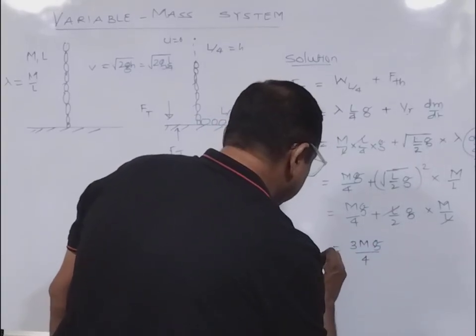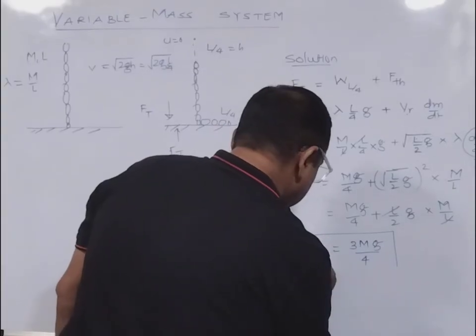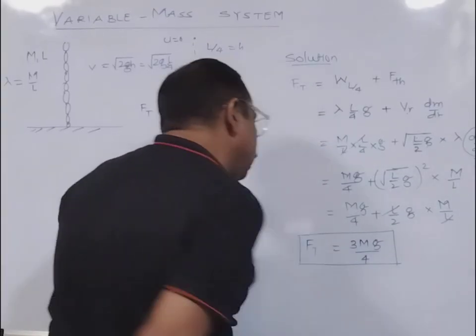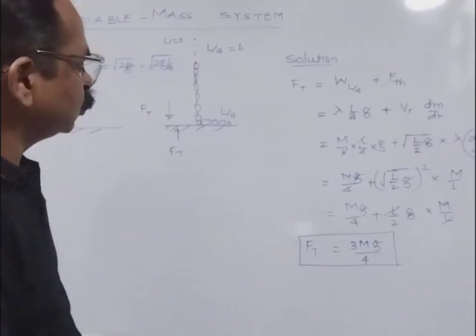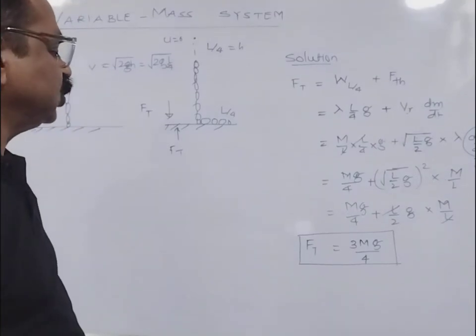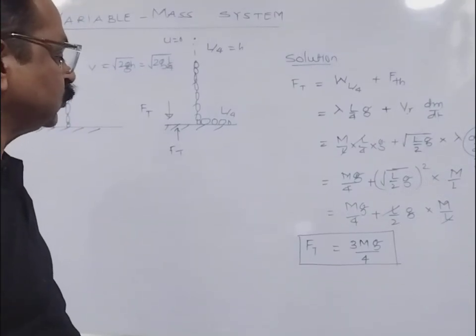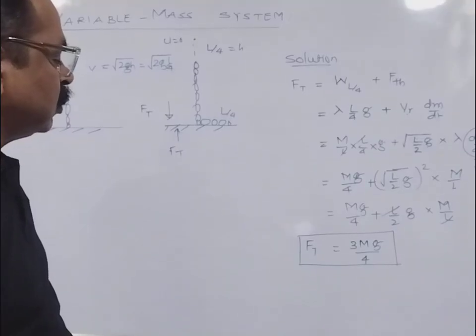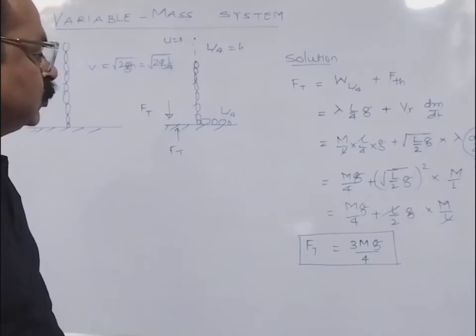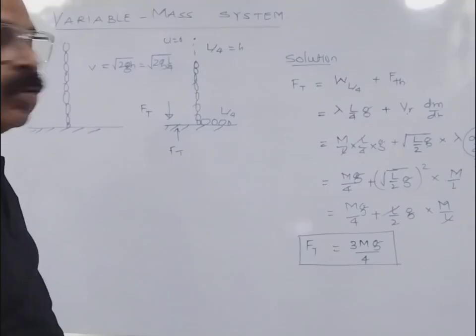So this is the total thrust force applied by the chain on the floor, or the reaction force, or the force acted by the ground on the chain, when it has fallen by L by 4.